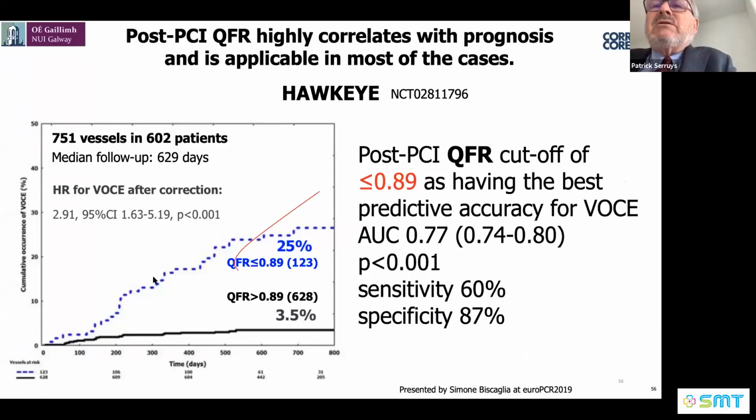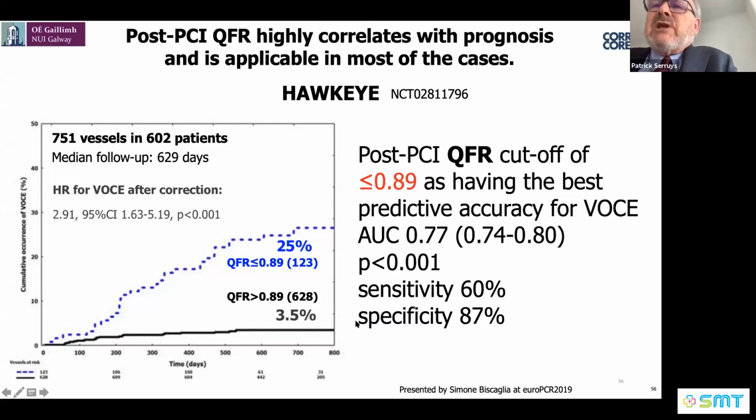We are talking about 751 vessels in 602 patients with a follow-up of about 2 years, 629 days. And you see that if the QFR of your vessel is below 0.89, then you have 25% of events related to that vessel.